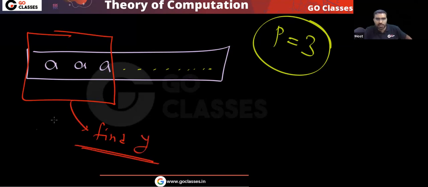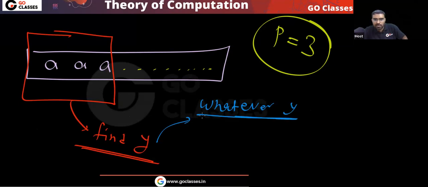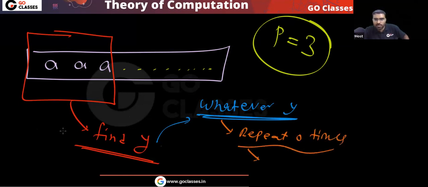Now tell me, whatever y you take, if you repeat it 0 times, what will happen? The resulting string will have less than 3 a's. Yes or no?